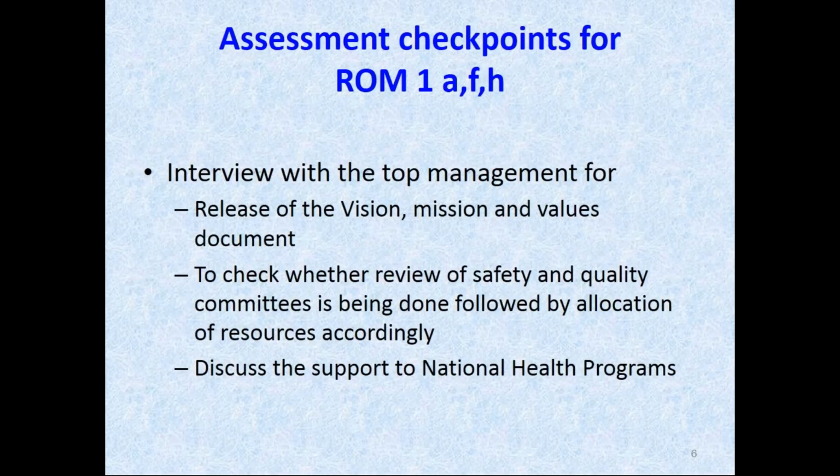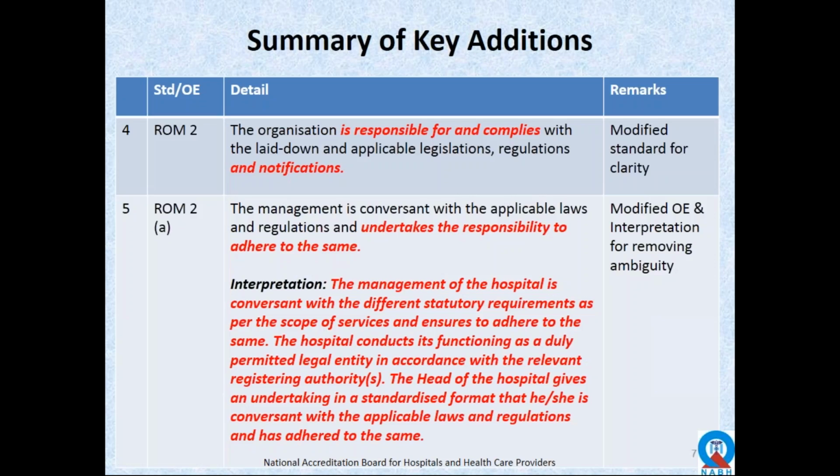Going ahead to ROM 2, a slight change in the wording has been made, and it now states that the organization is responsible for and complies with the laid down and applicable legislations, regulations, and notifications. So the notifications part has been added now. And in the ROM 2A element, the management is conversant with applicable laws and regulations and undertakes the responsibility to adhere to the same.